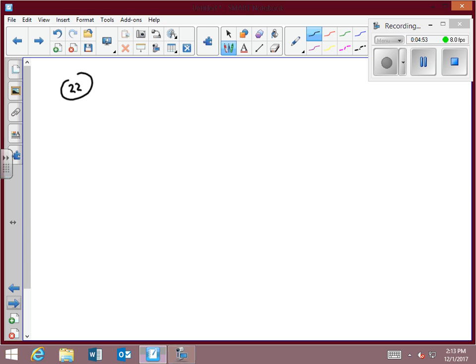Back to 22. It says 3y squared minus 4y minus 4 equals 0. So 0 is by itself, it's descending order, leading term positive, no common factors, trinomial, special case, no, because that negative in front of that constant term 4 throws it out.